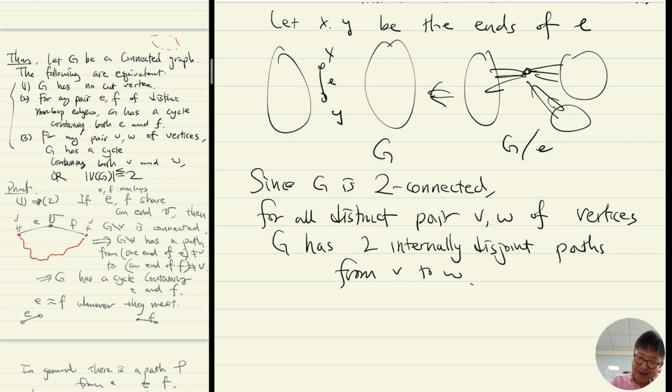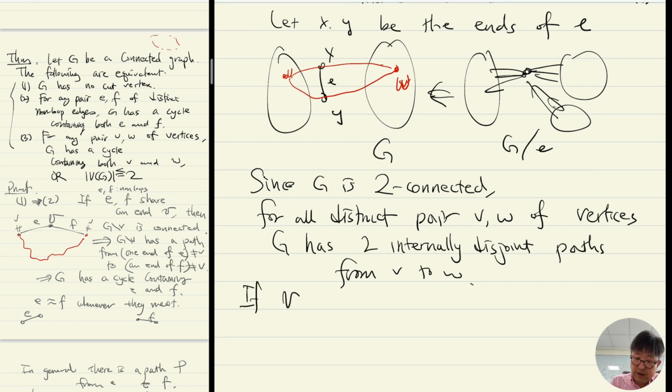Is this the best way, by the way? If I have a v here and w here, then the only way you can have two paths is to use both x and y. That means you cannot use e, right?